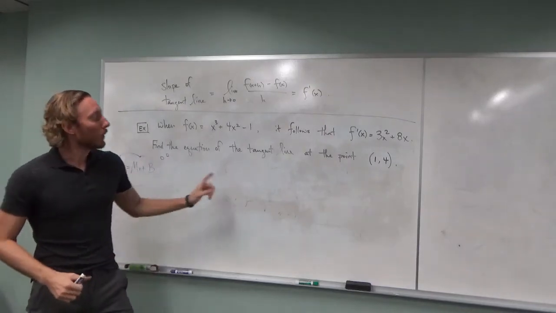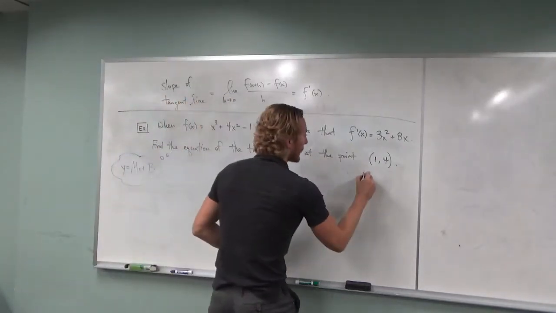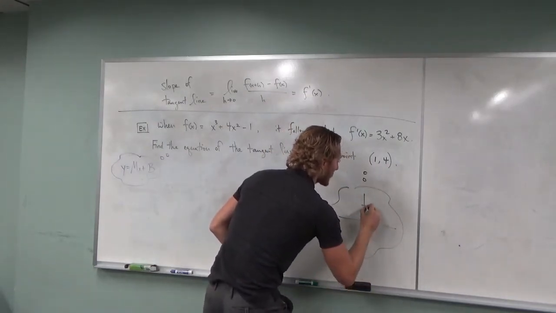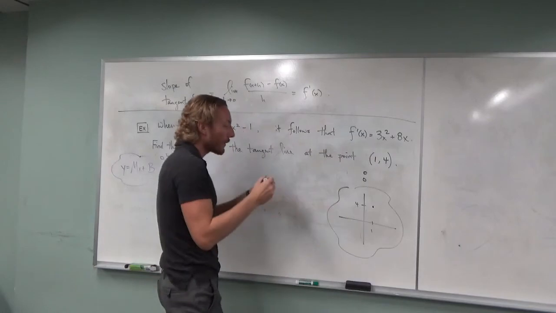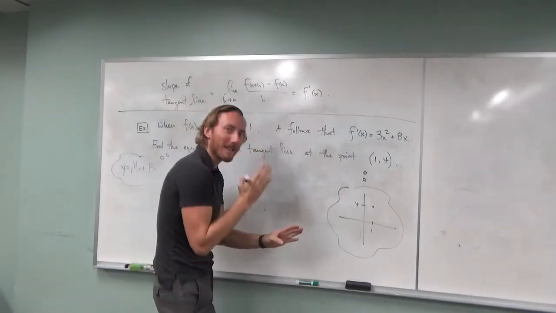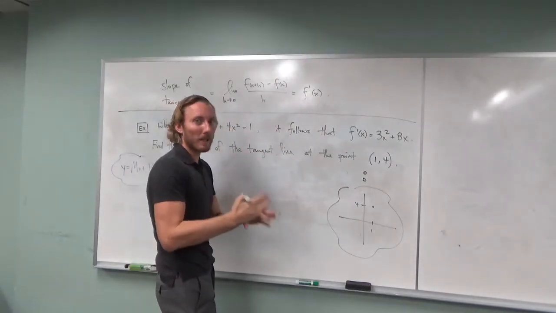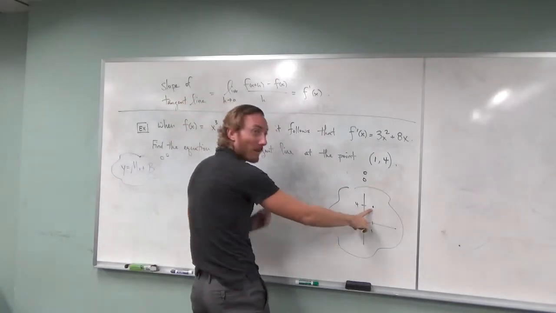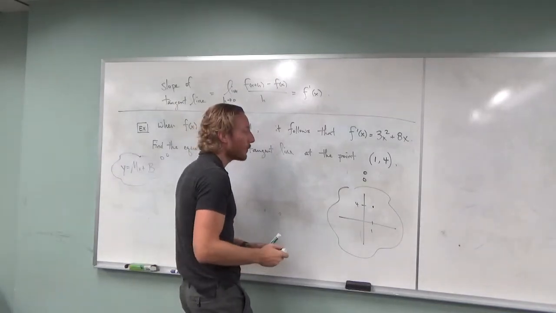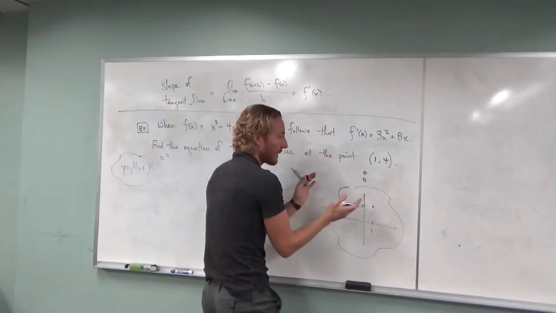Now here's the thing to think about. We know that this tangent line goes through that point. When you talk about a line through a given point, this point is over 1, up 4, and there are infinitely many lines through that point. But if you also knew the slope, there's only one line it could be. Imagine a line through this point with some particular slope, say some positive value.